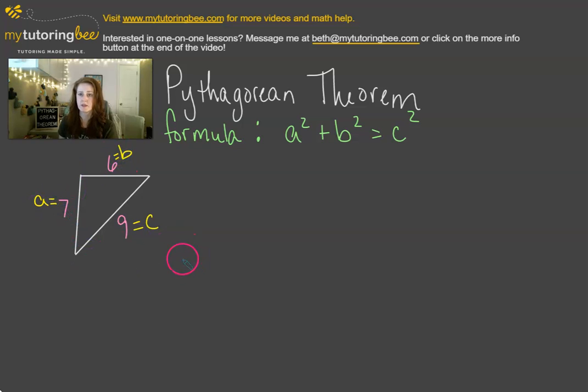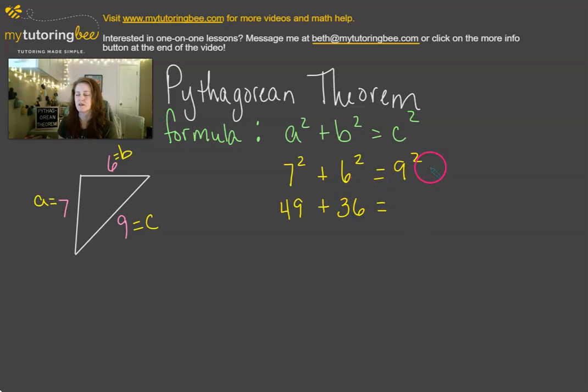And then we're just going to take those numbers and plug them into the formula. So A is 7, that's 7 squared, plus B is 6, that's going to be 6 squared, and C is 9, that's going to be 9 squared. Let's solve each of these. So 7 squared is 7 times 7, 49. 6 squared is 6 times 6, which is 36.